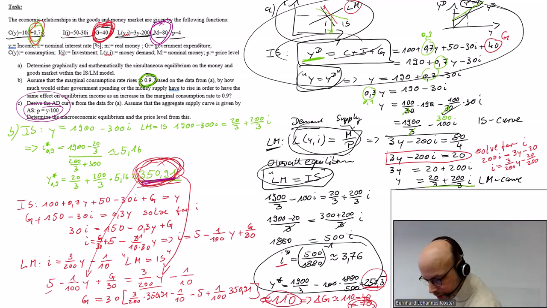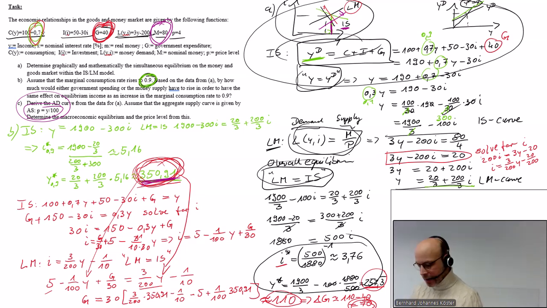Graphically, we still have the same IS curve as a starting point, and now we shift the LM curve downward in order to achieve again the same increase of total income. Okay?